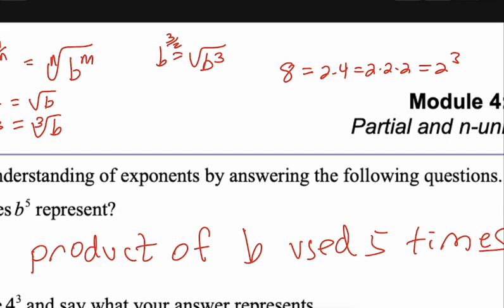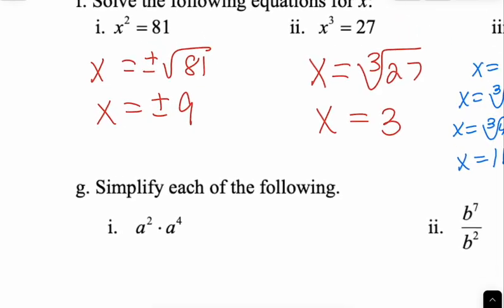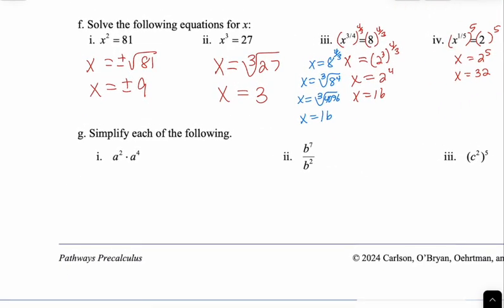Okay, so now we have left off at G. Could you please jump to G? These are just going over some of the rules we talked about in 4.0 mod. If the bases are alike and you are multiplying, keep the base, add the exponents. If you're dividing, subtract the exponents.